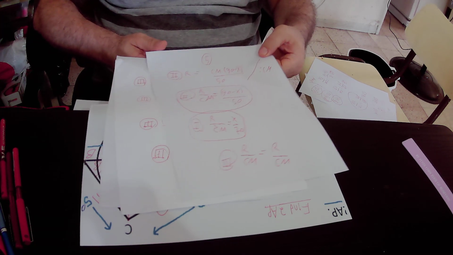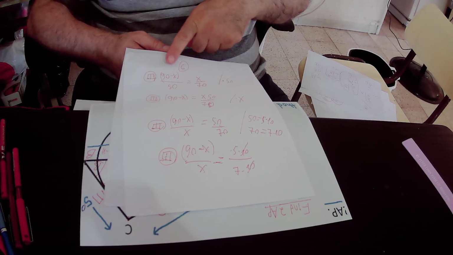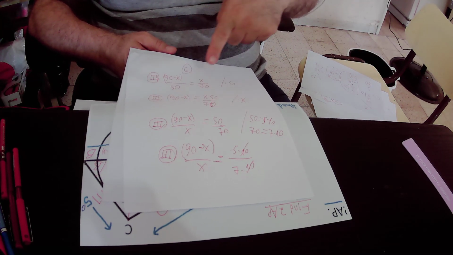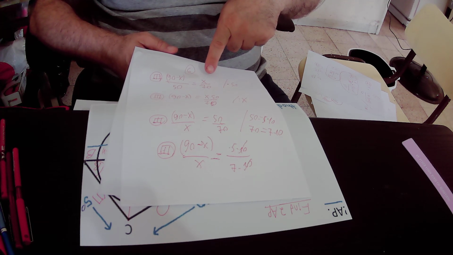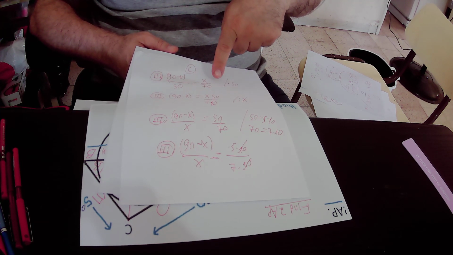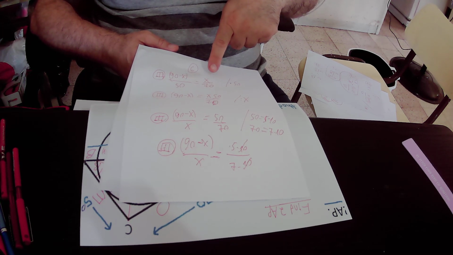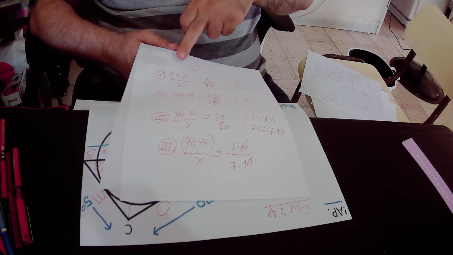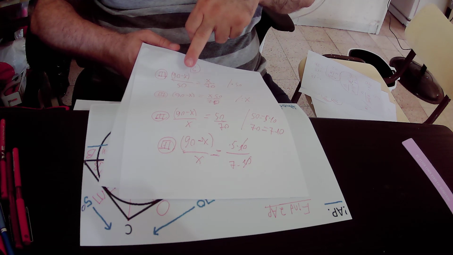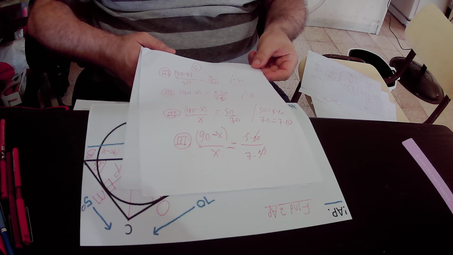So in total we will get that 90 minus X over 50 equals X over 70. The value of R over CM from the first equation is X over 70, and from the second equation it is 90 minus X over 50.